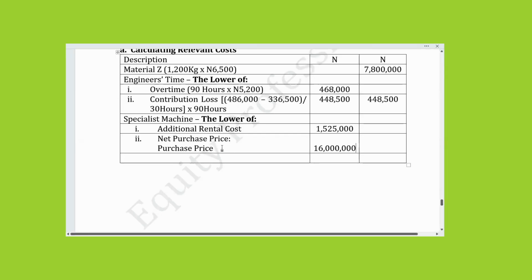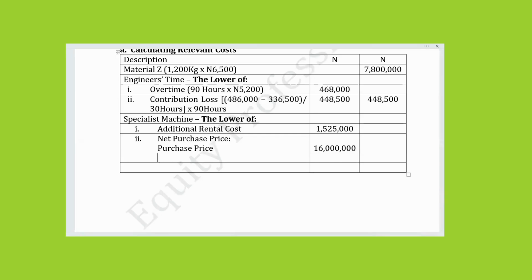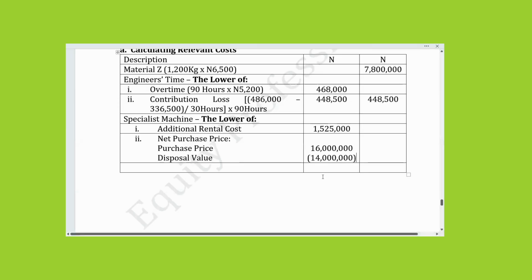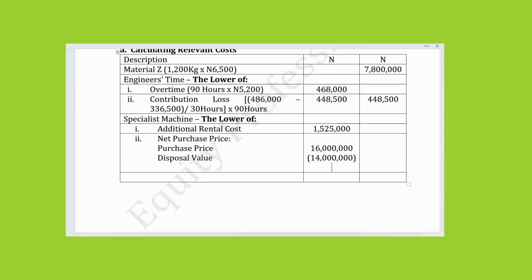Then, of course, we also have the disposal value. The disposal value, according to the question, is 14 million naira. So the difference between the two is 2 million.